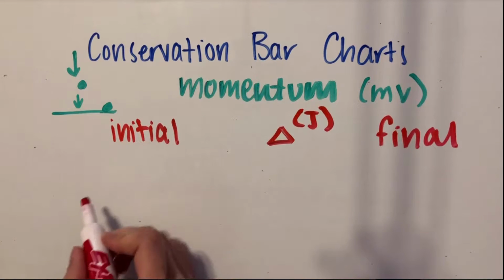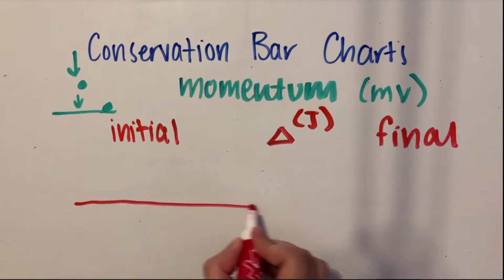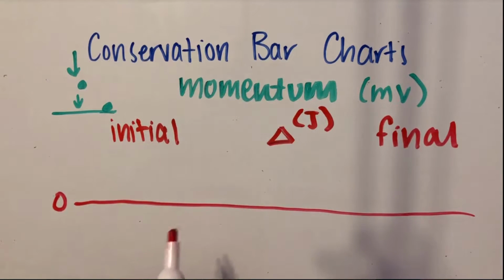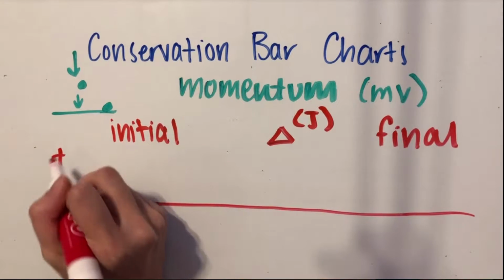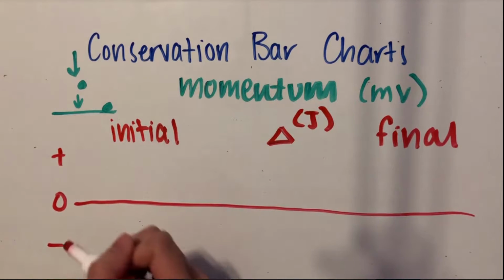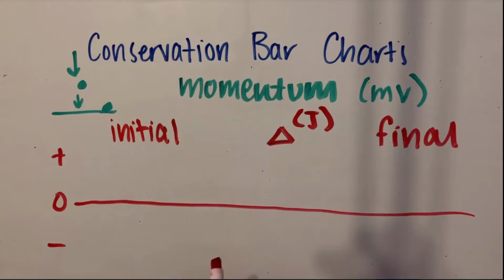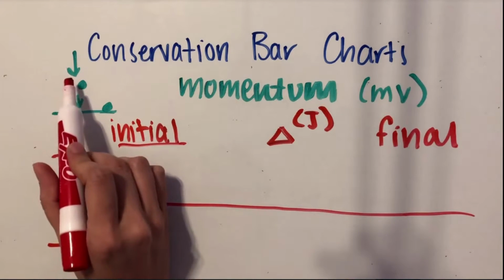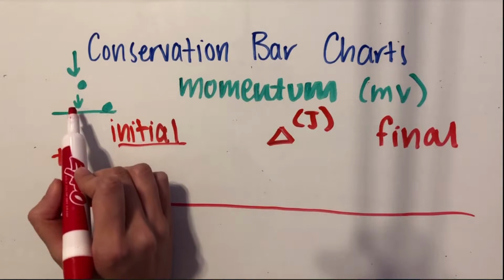The last thing that you'll need is a horizontal line going through, which will essentially be our zero line. Anything above this line will be considered positive, while anything below this line would be considered negative. We defined our initial stage as the piece of clay dropping down towards the earth.